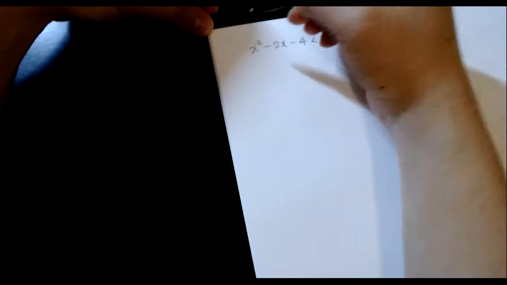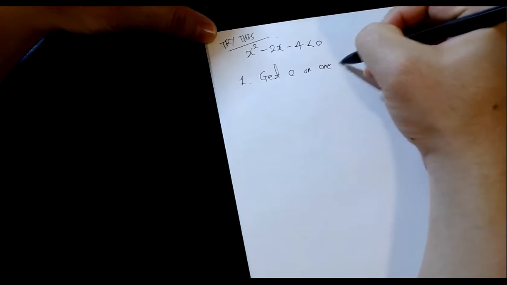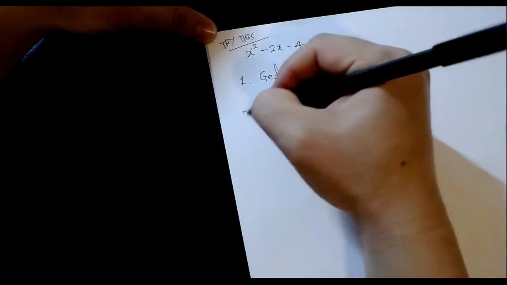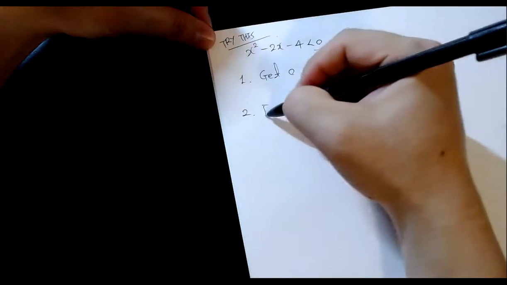Actually, try this problem yourself. Now what are you going to do? Step 1 is get 0 on one side. Let's skip it, because we already have 0 on one side. Step 2, find all roots.